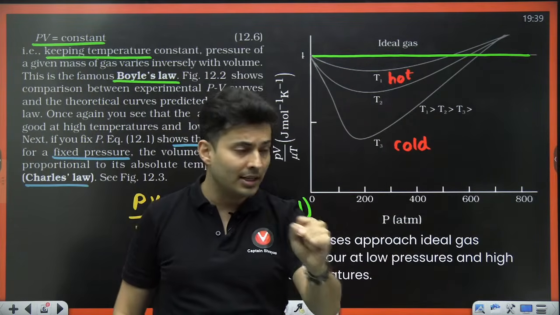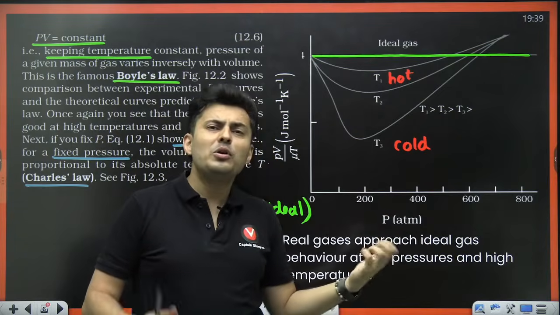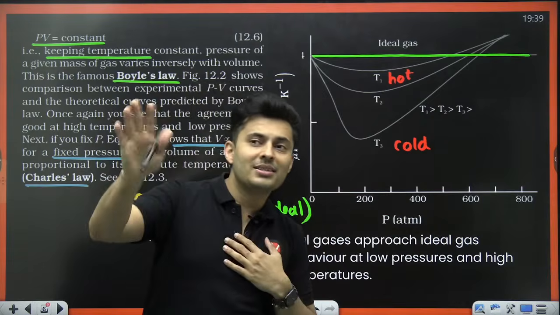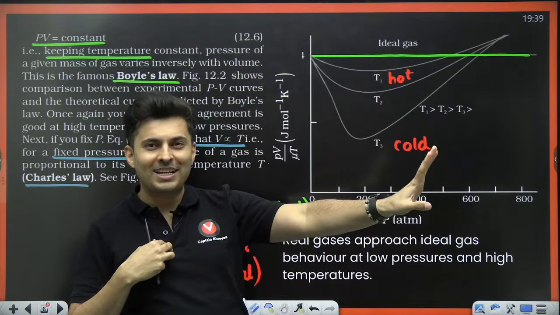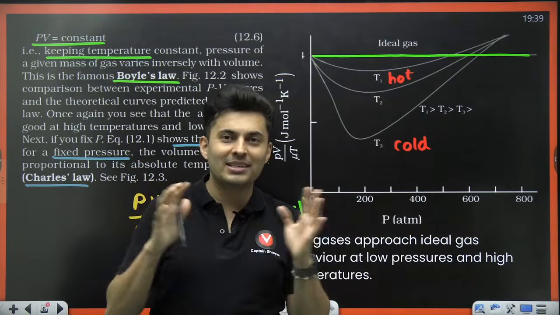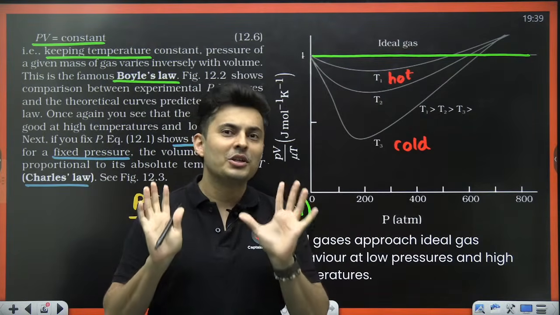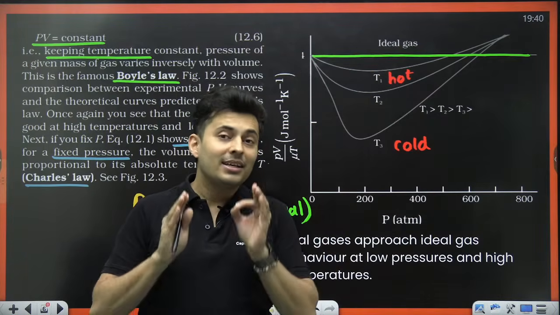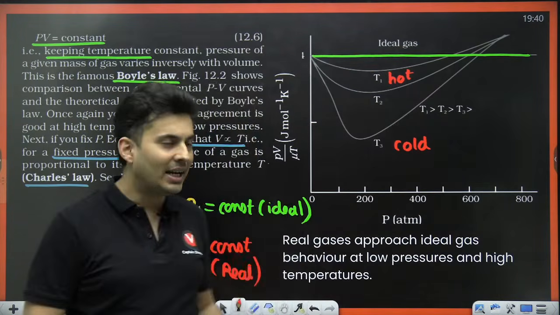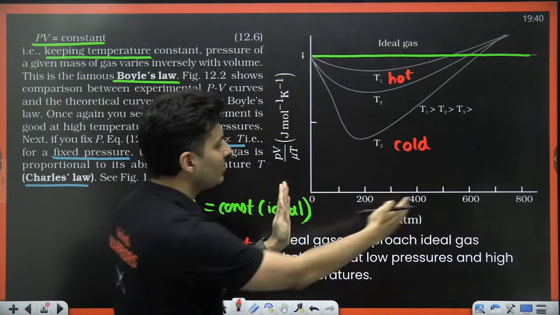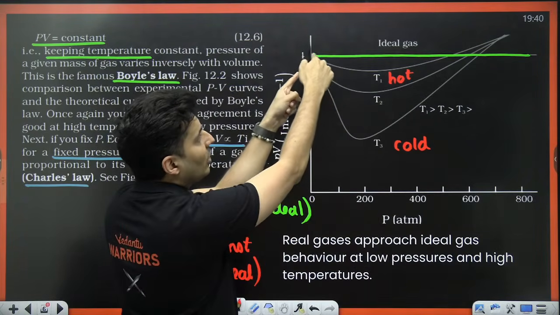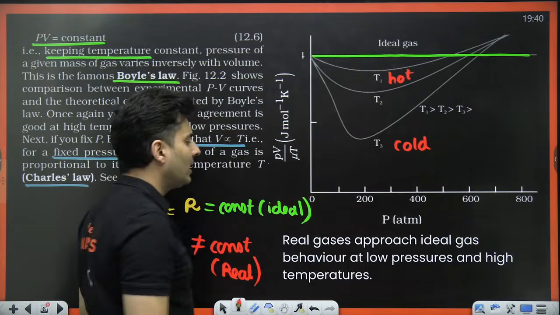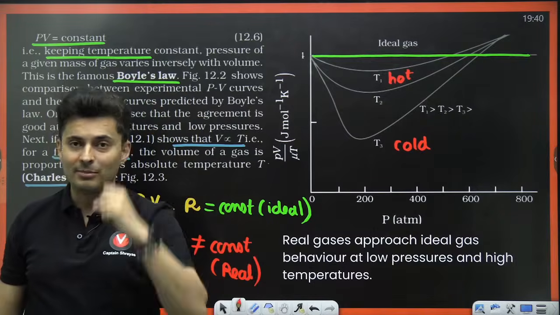They don't get influenced by others. There are no intermolecular forces of attraction and repulsion. They are independent, and that is what is needed for ideal behavior. That is why at low pressures the graph converges, and when the temperature is hot, the graph comes close to the straight line. That is why they show ideal behavior.